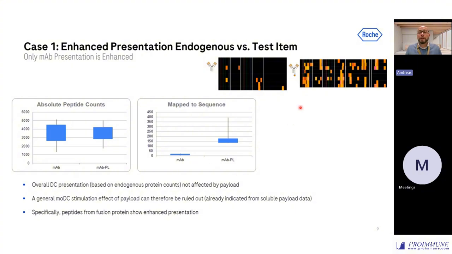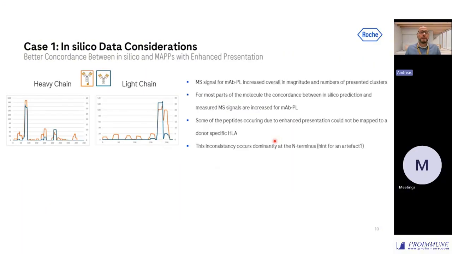So again, nicely correlating with the MAPS heat map data that we showed previously. So again, indicating we didn't supercharge the DCs overall, but it's really a specific increased uptake of this molecule due to the payload. So what are the consequences for correlation for in silico?